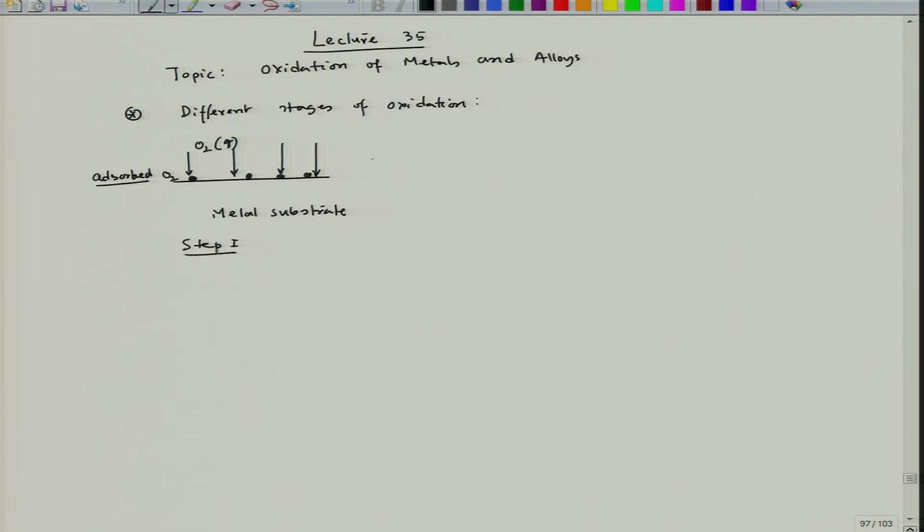Now, when this adsorption happens, what is going to happen in stage 2? In stage 2, this is the metal substrate, and there could be local oxide formation. We can call it nucleation of oxide.